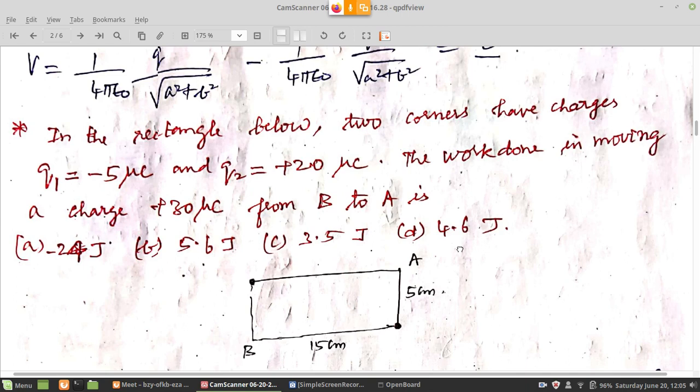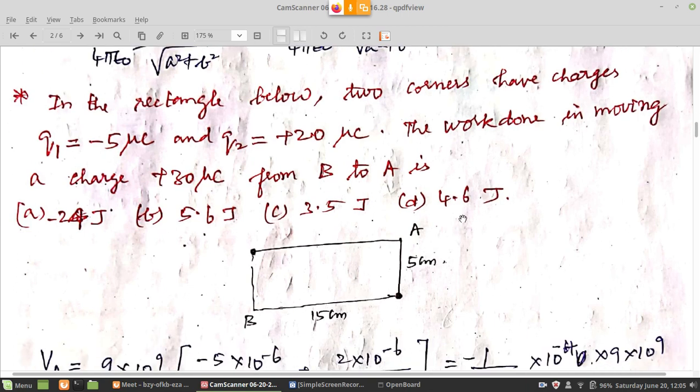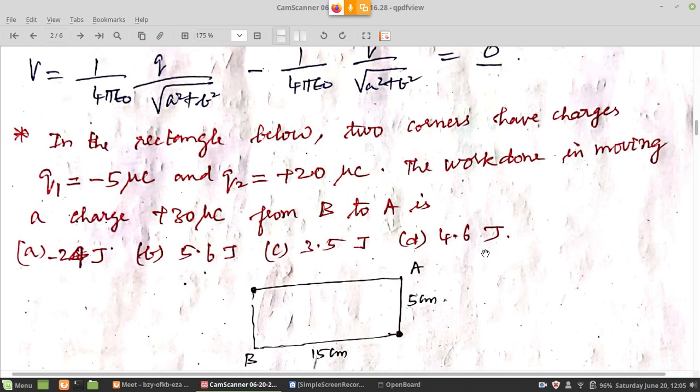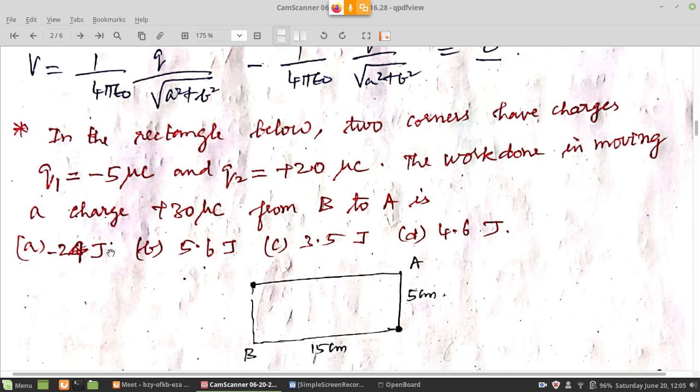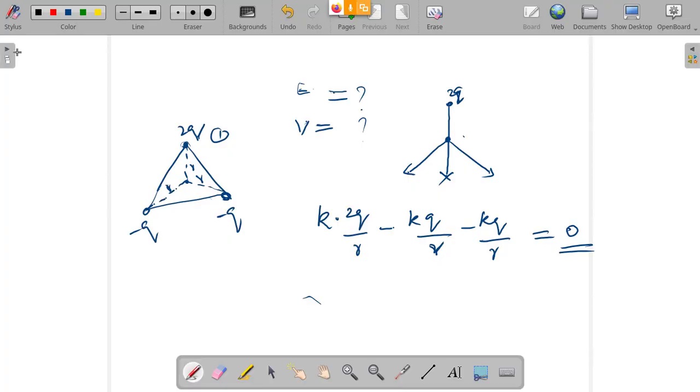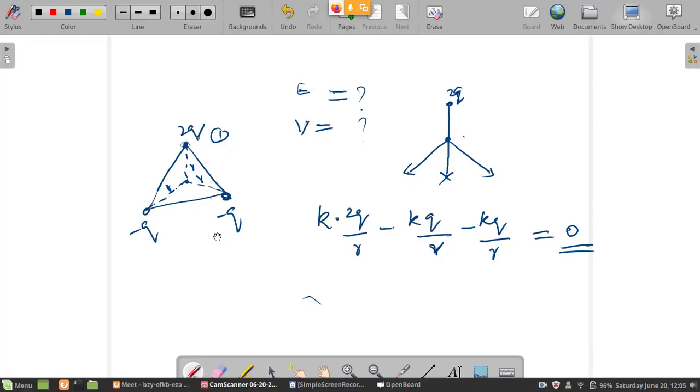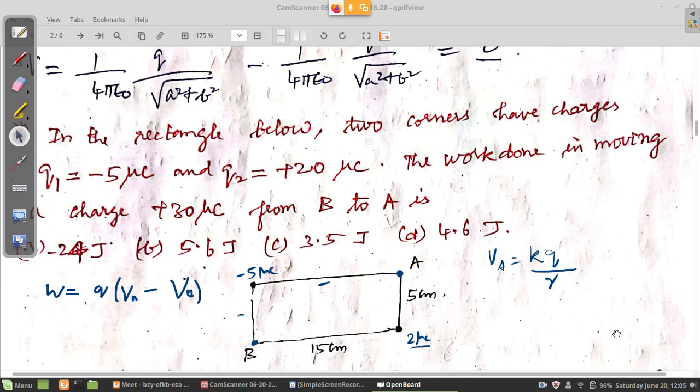Kiran, you can tell me. Kiran, Teja Kiran. You can tell me. You have to do superposition only, right? So first tell me what is VA, potential at the point A. Okay, this is simply based on the superposition principle. So you have to first tell me what is potential at A.